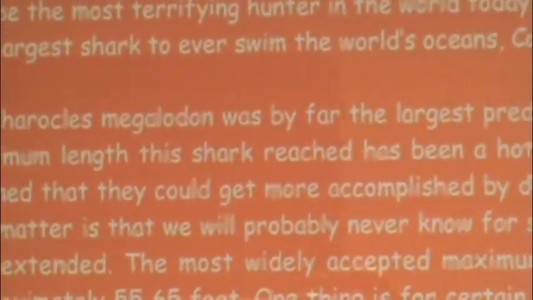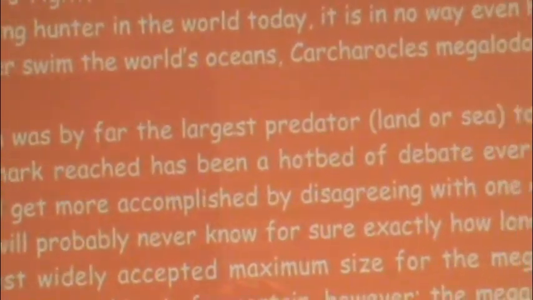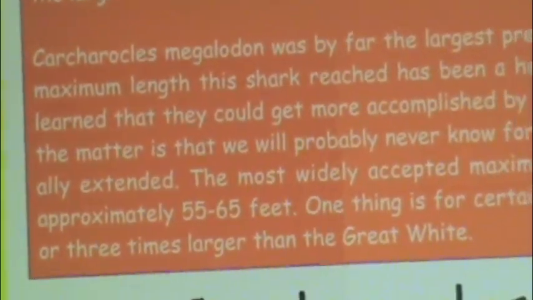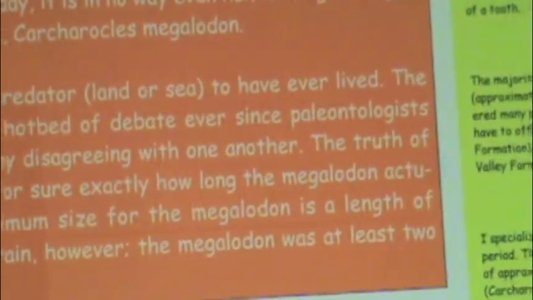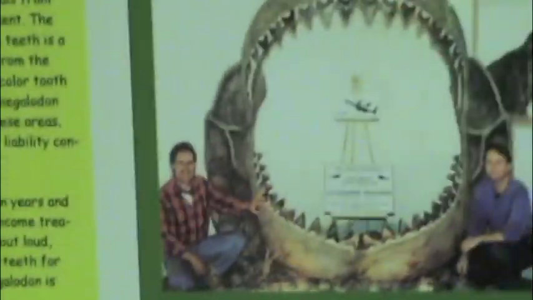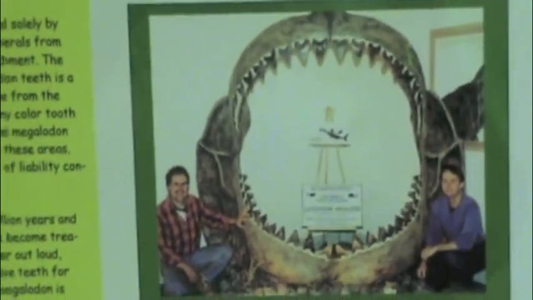The largest shark to ever swim the world's oceans. Crazy, huh? Largest predator, land or sea. Two or three times bigger than the great white. Crazy. Look at some of these teeth in here. That's intense.